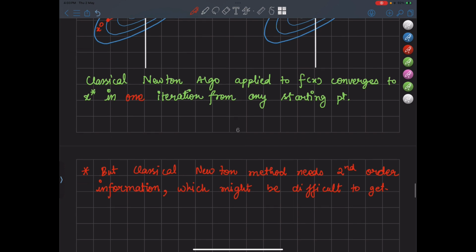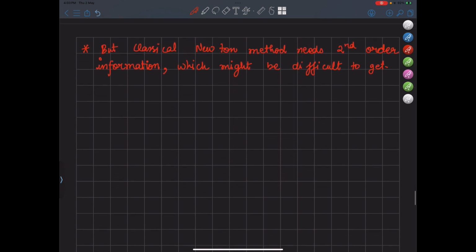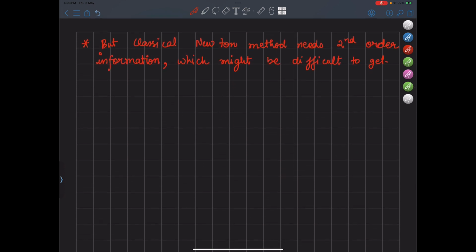Alright. So we saw the usefulness of Newton's algorithm on a quadratic function. Now let's see it on a function which is non-quadratic. Okay, so let's look at some example. Let's look at the Rosenbrock function.